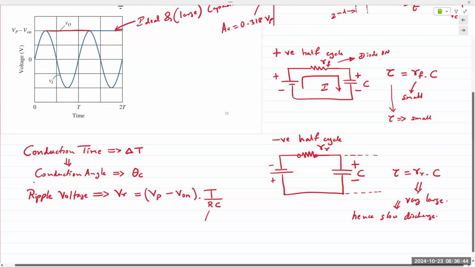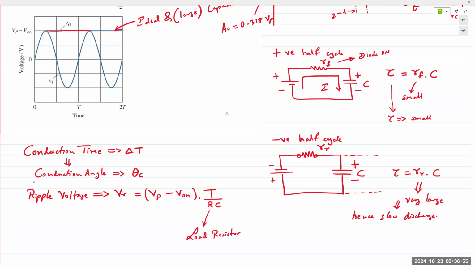This R right here signifies the load resistor. As an engineer, if you're designing a power supply, you are designing it to work with a large range of resistor values. Cheaply designed power supplies sometimes may or may not work with everything.